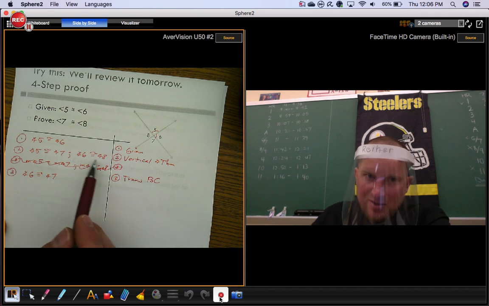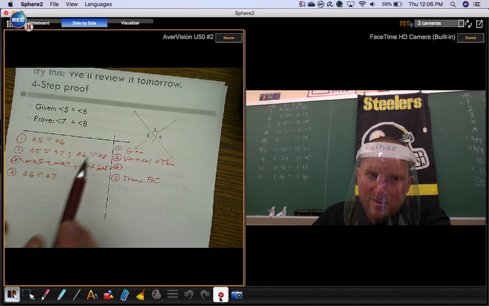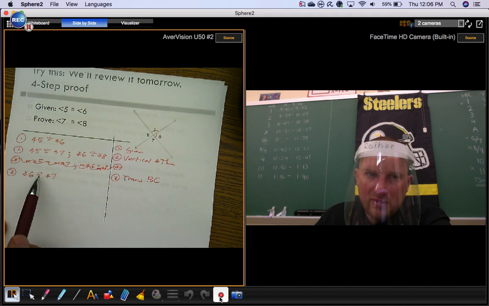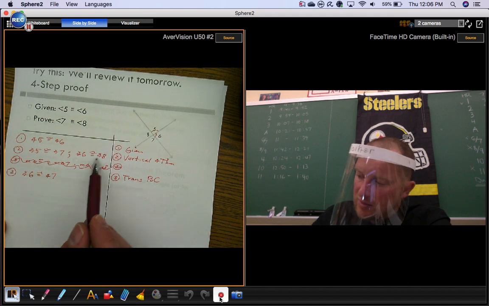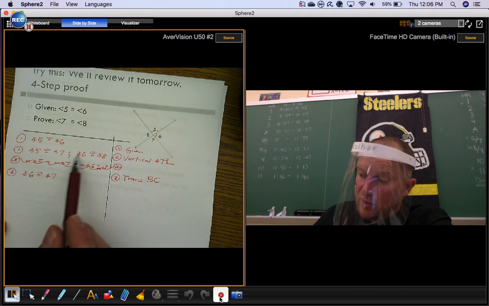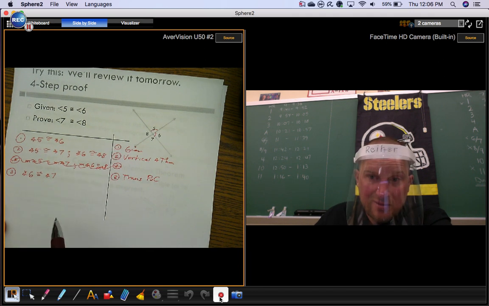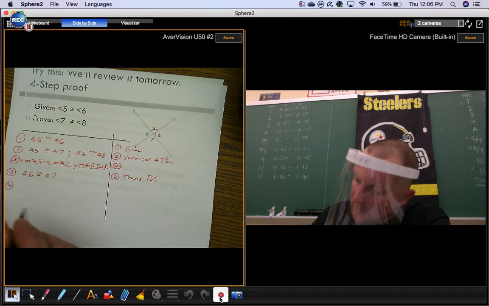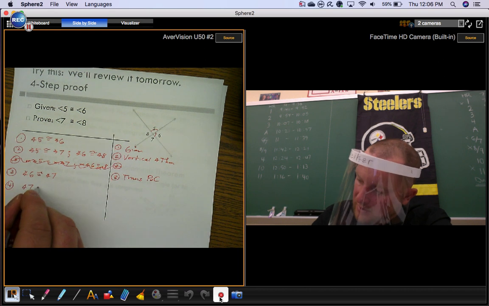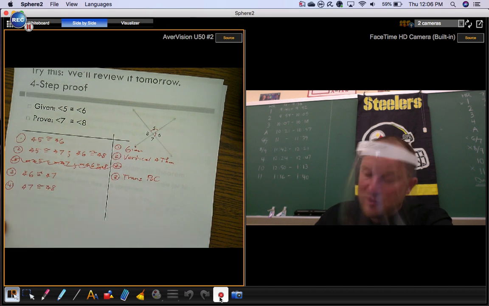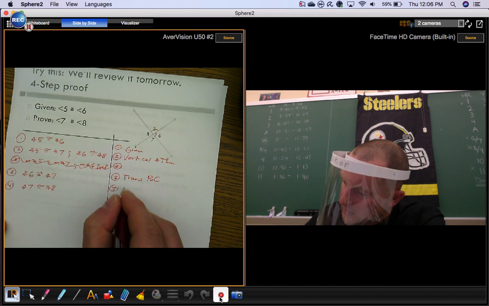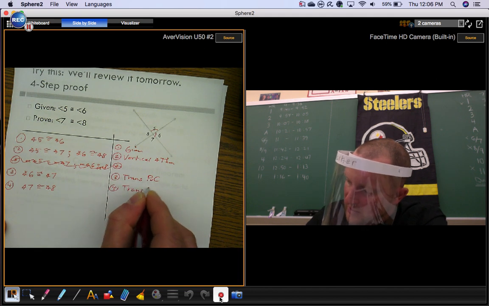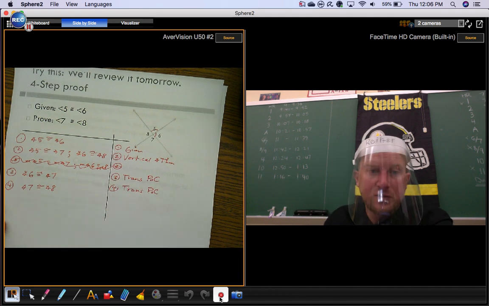Now look at just this statement and this statement. See how you have two angles, angle 7 and 8, that are both congruent to angle 6? That means angle 7 is congruent to angle 8 by the same transitive property of congruence.